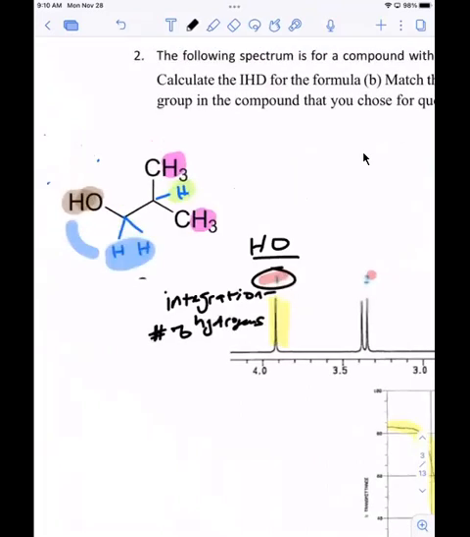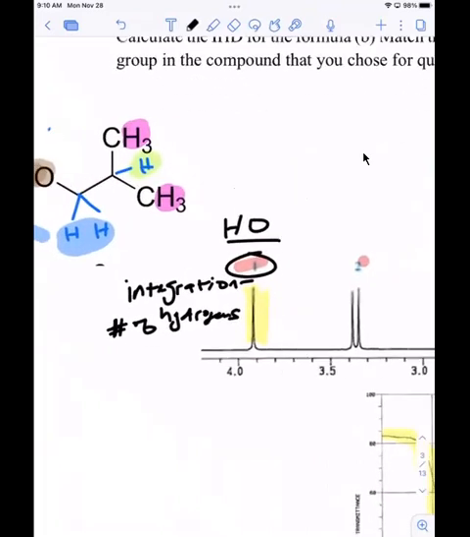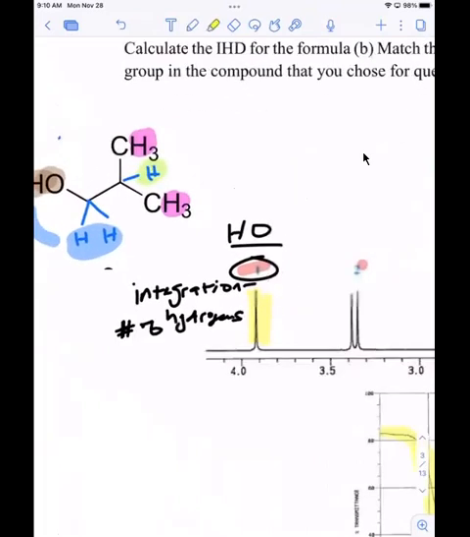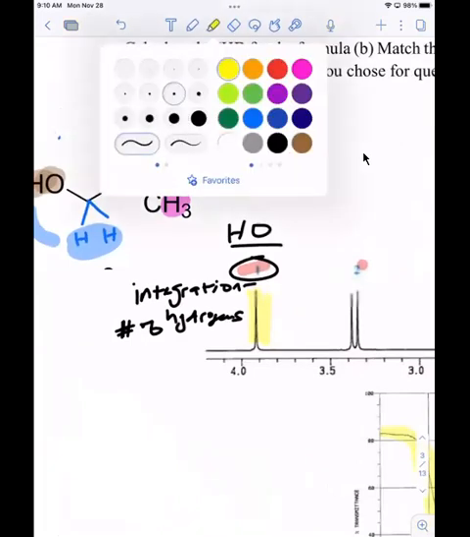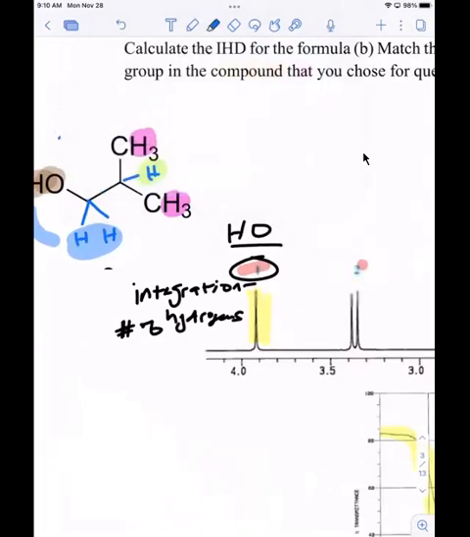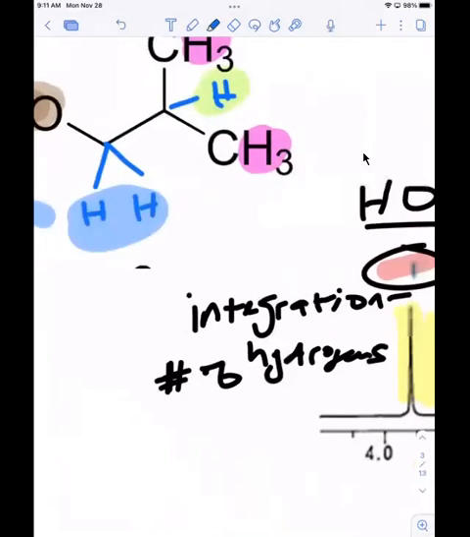All right, let's go to the next set of protons, and I'm going to try to keep this color coded with the example. So this doublet right here is corresponding to this set of protons right here.